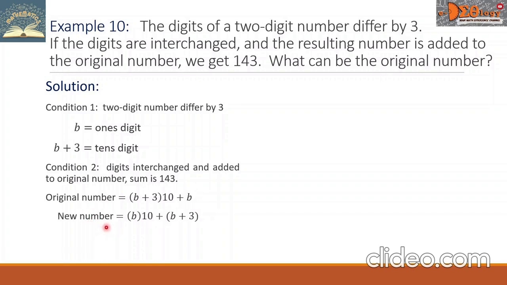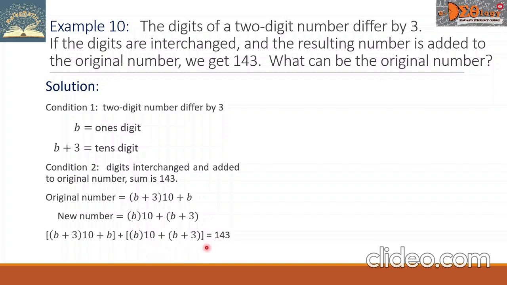When we interchange the digits, this b as ones becomes the tens digit, so we have b times 10, plus this b plus 3, as tens digit becomes the ones digit. And the condition says, when we add these two numbers, the total is 143. So we can write: the original number plus the interchanged number equals 143.